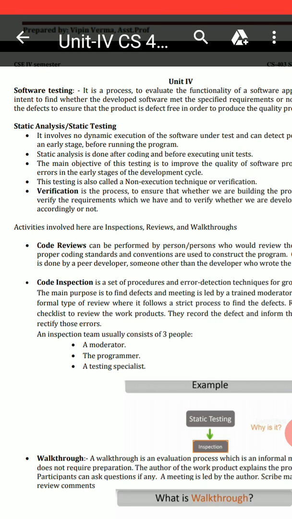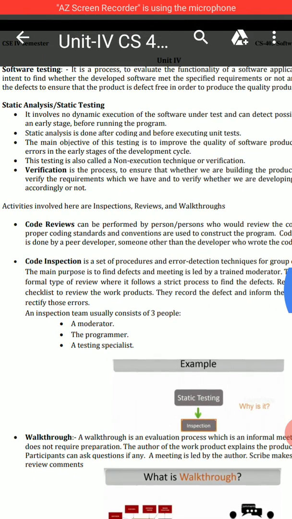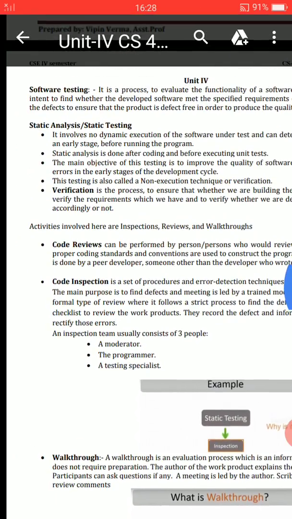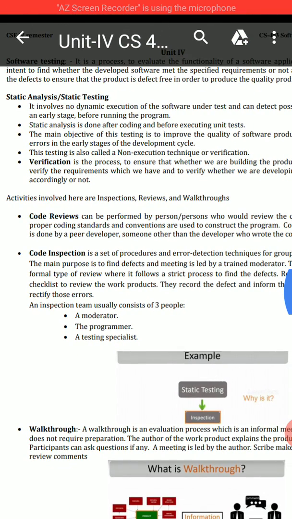The activities are inspection, reviews, and walkthroughs. Now, what is code review? As its name implies, code review is a process performed by a person or persons, that is, a group of persons who review the code to ensure the proper coding standards and conventions are used to construct the program.